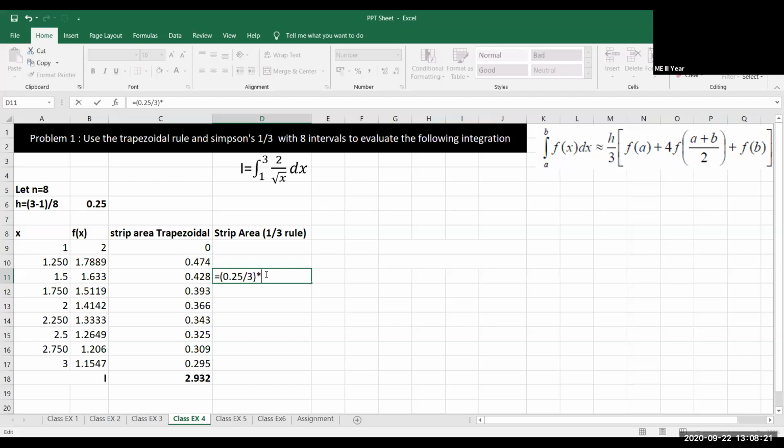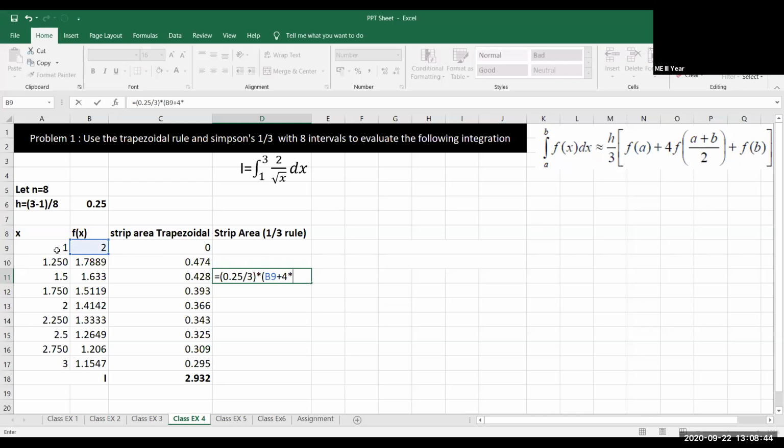After that, start the bracket. Then fa. So what is the fa value? This one, fa. Then 4 times f of a plus b by 2. So 4 times, I will start 4 into f of a plus b by 2. Already in the slide I have shown you the middle value.